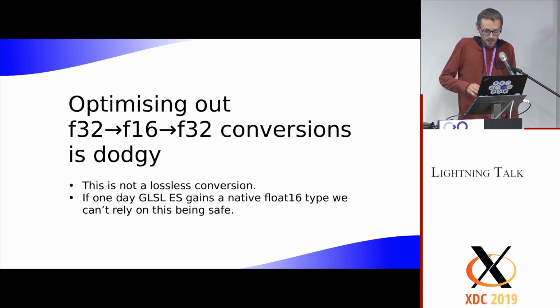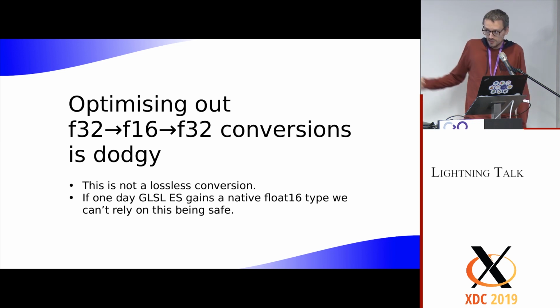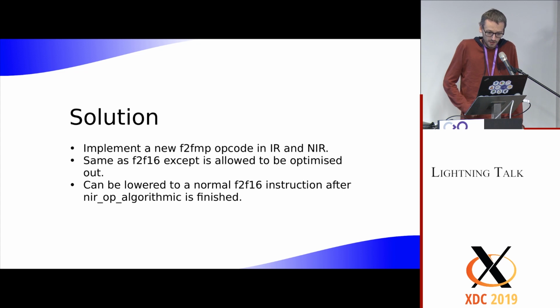But if the driver was ever used in a case where float16 types were added to GLSL ES, that would become a problem, because this conversion is not lossless, so it's not safe to get rid of it. To be future-proof, we want to not do that.